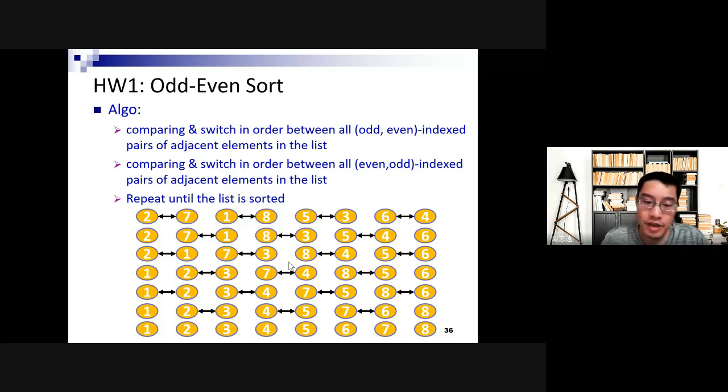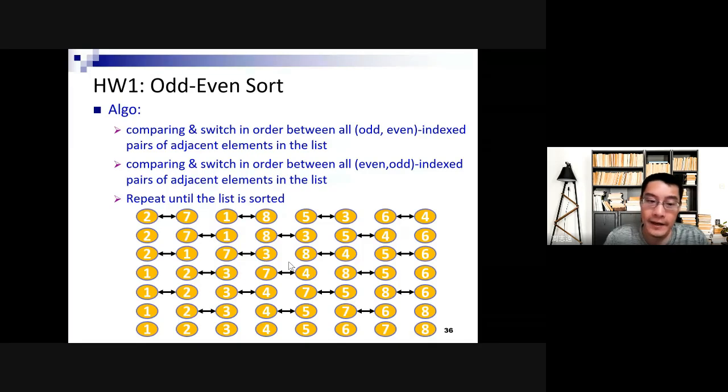When you compare and swap your number with your neighbor, you always try to sort it by pushing the larger number to the right side and the smaller number to the left side. So eventually your numbers will be sorted.